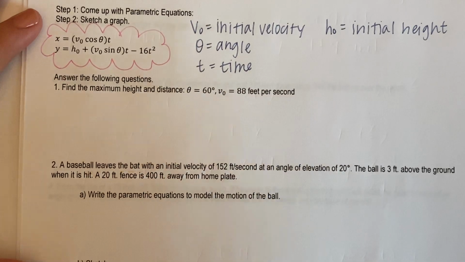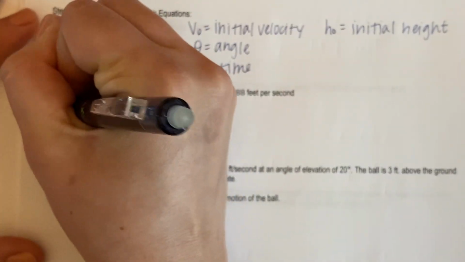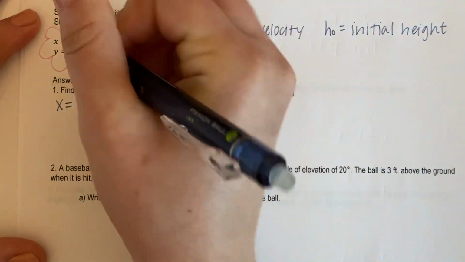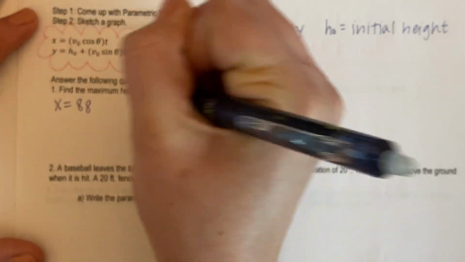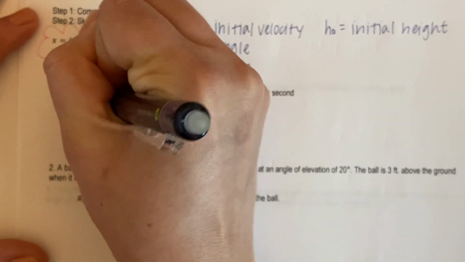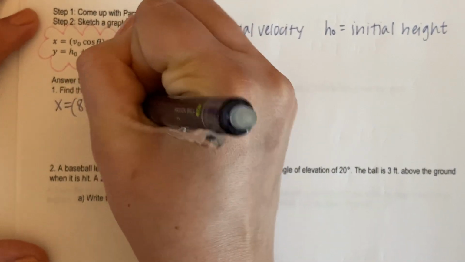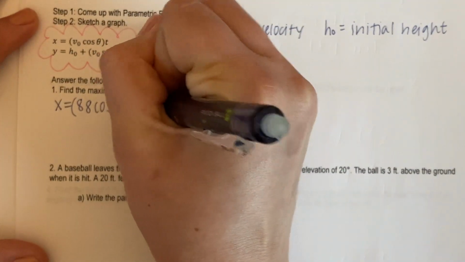So I'm gonna start by doing my x equation. So 88 cosine 60 all times time.